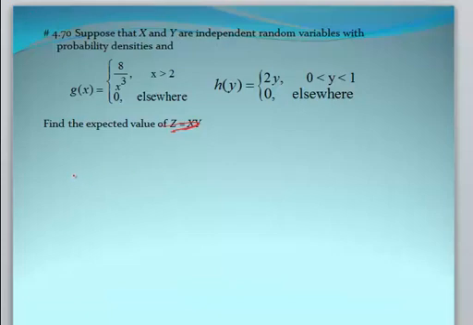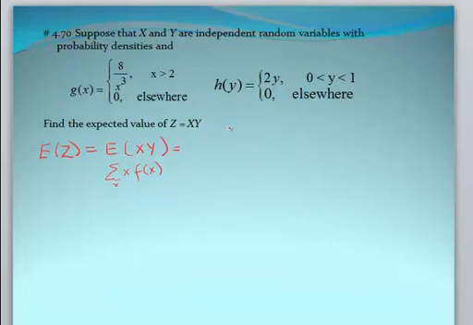So we can say then that E[Z] is equal to E[xy]. Now remember that the idea of expected value is x times f of x, right? And you integrate it, or you add it all up. So we're going to take that same idea here.